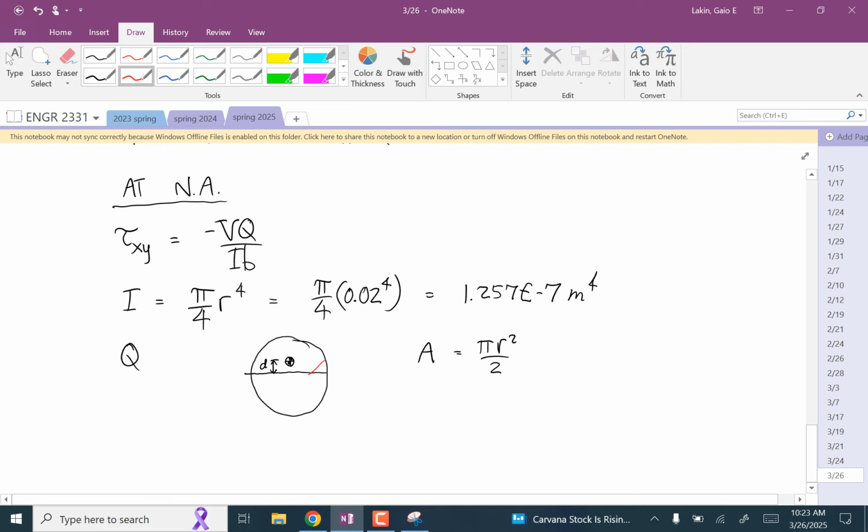That's the shaded area. So that is 6.283 times 10 to the minus 4.